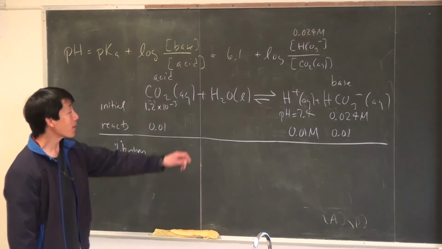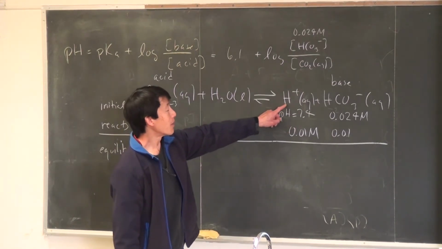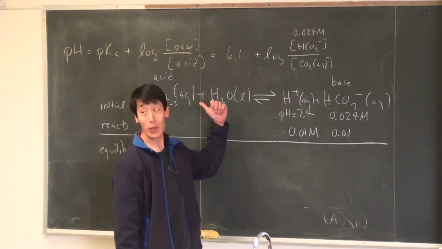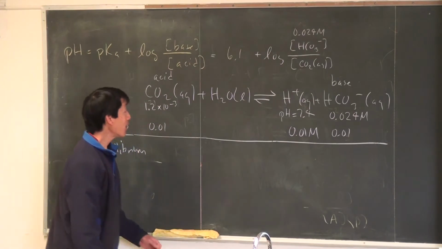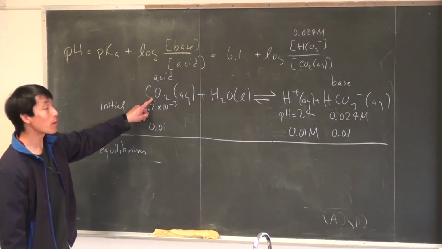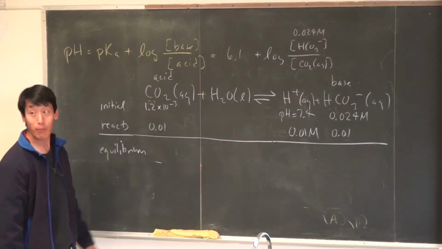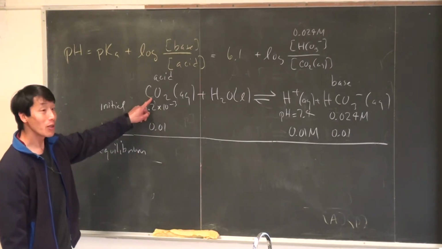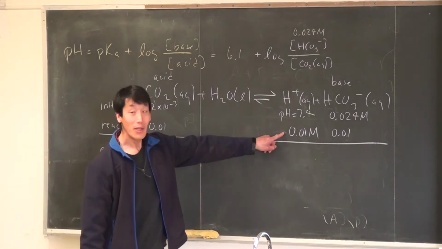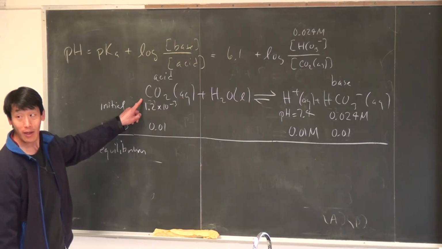Okay, so again, if we add 0.01 H plus, that's going to shift the reaction toward the reactant side, which means if that's happening, are CO2 and H2O going to be produced, or are we going to have less of this present? Produced. And that means this should be produced, which means that we should subtract this amount and add 0.01 to the CO2. Okay?